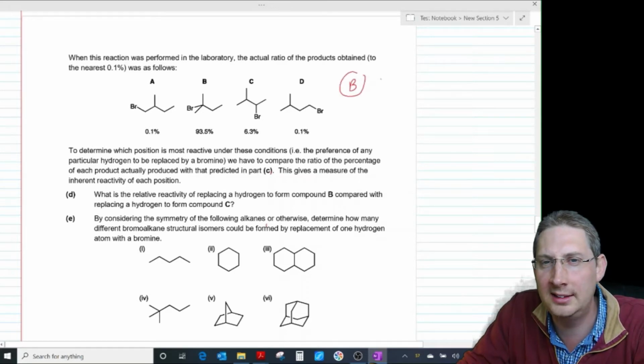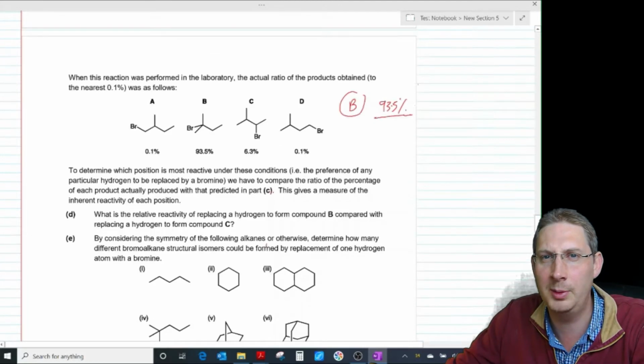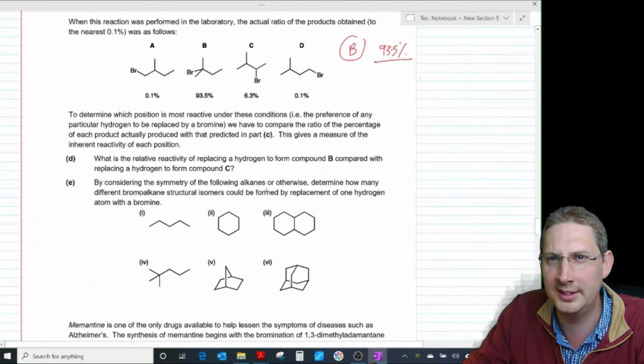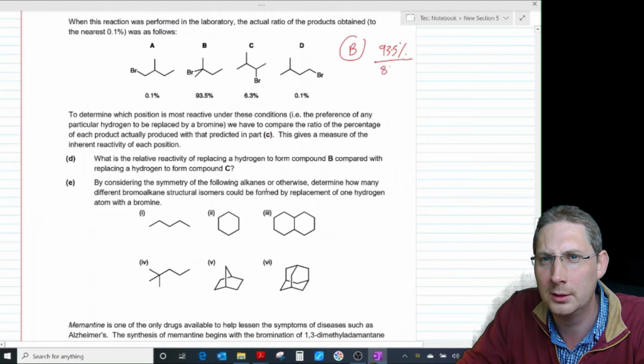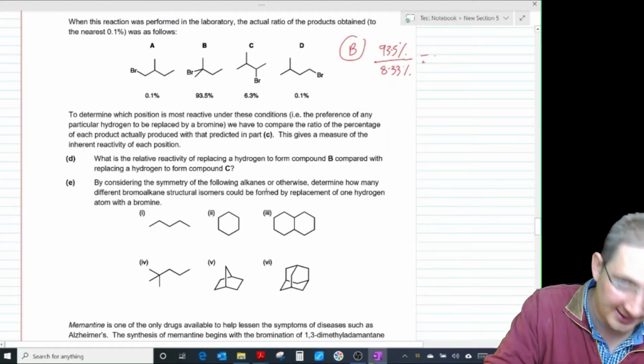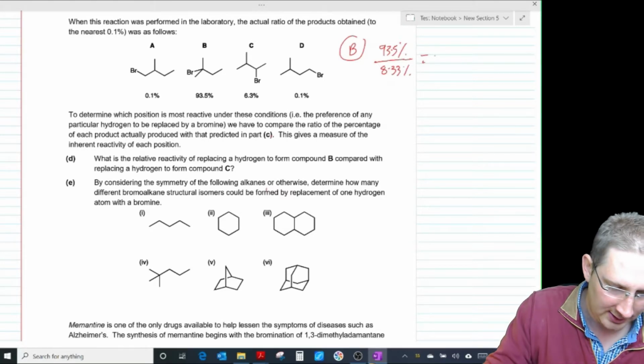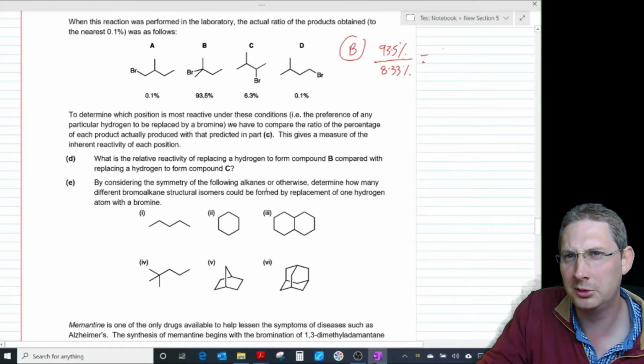Okay, so the reactivity of B seems to be something like 93.5% divided by what we'd expect, which was 8.33%. So how many times more likely is that? 93.5 divided by 8.33 is about 11.2 times more likely.